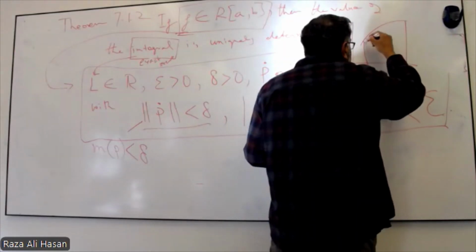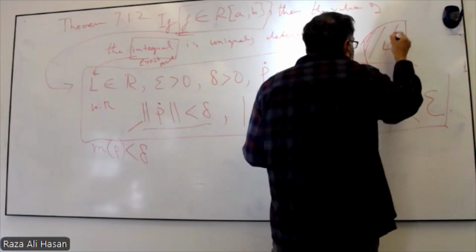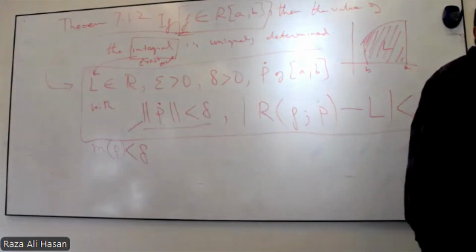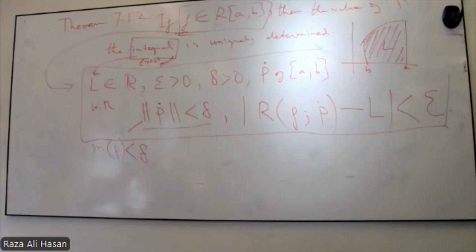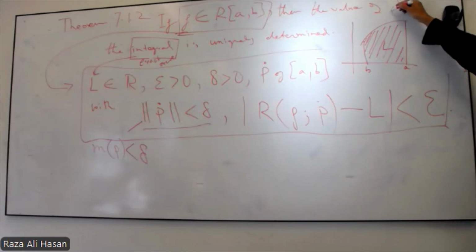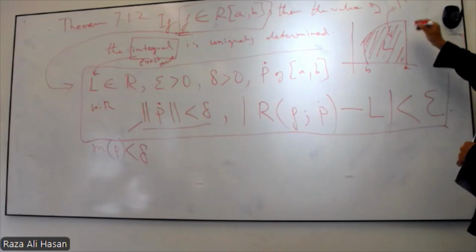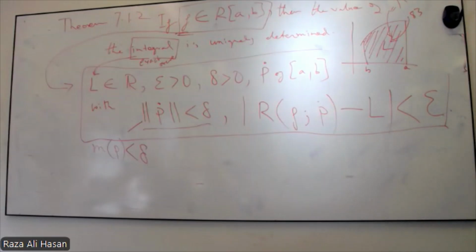This is L, and this is A and B. If I say the area under this graph is 79, and that is the exact number, and then I say, sometimes the area under the graph is 83. Is that possible?